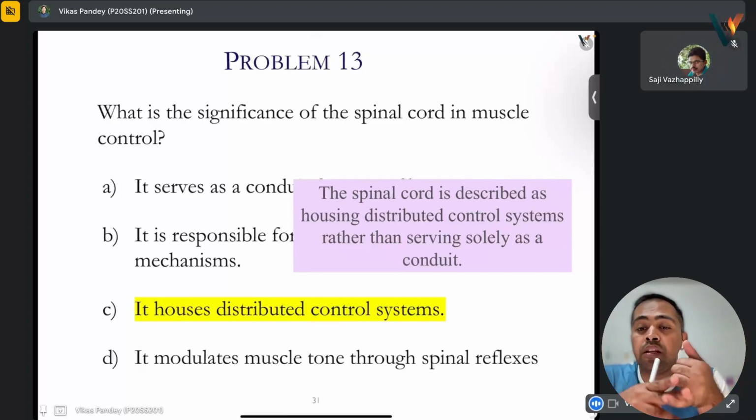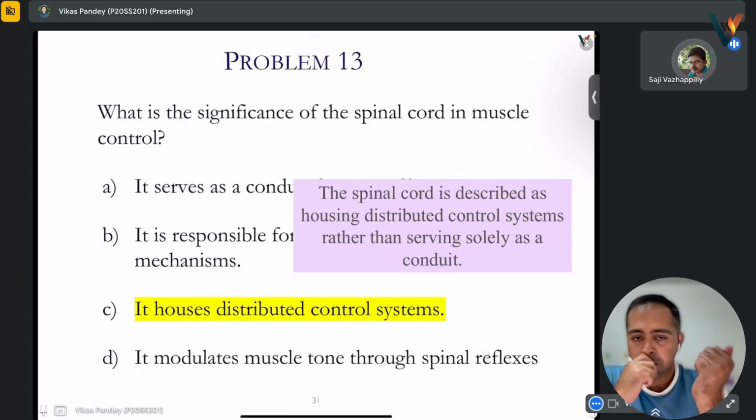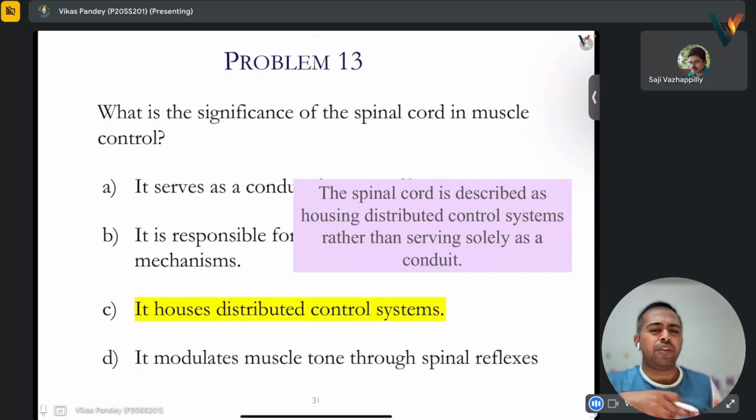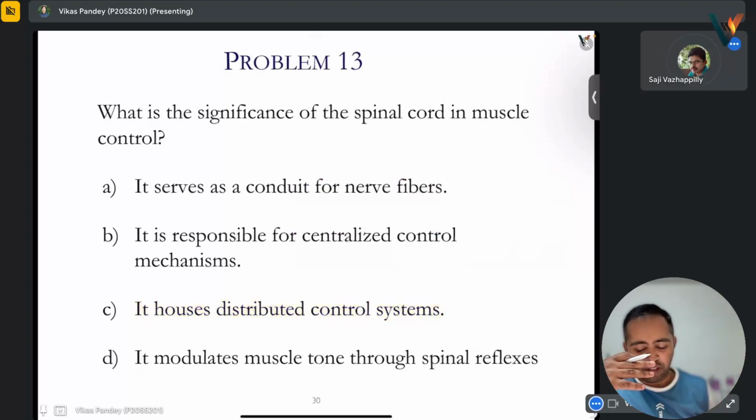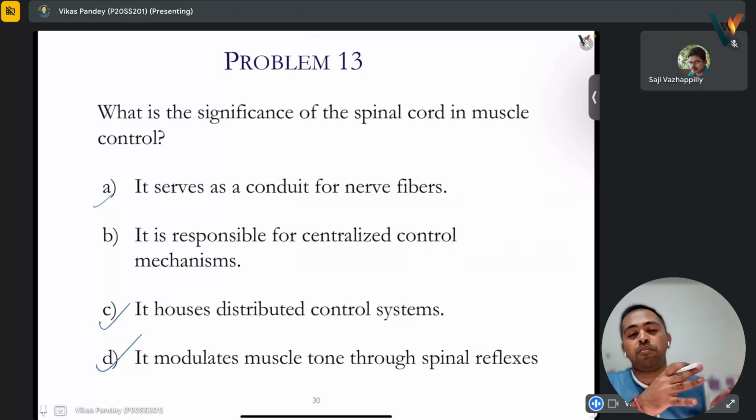There are spinal reflexes also, but that is not the complete thing. There are many more functions than that. So A is also a bit correct, D is correct, C is correct, and all three of these are correct, except for B.